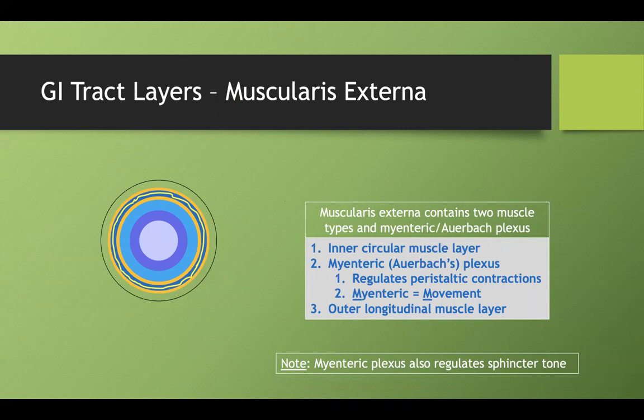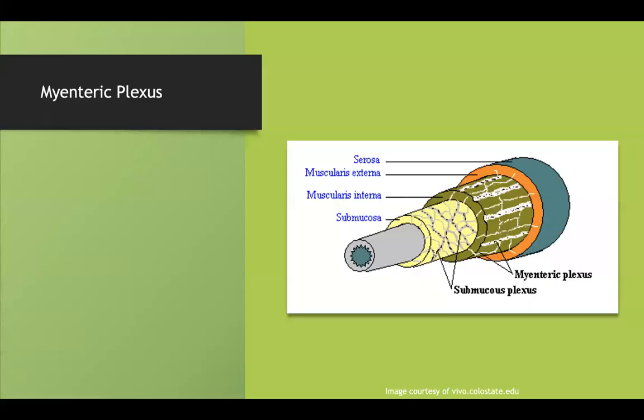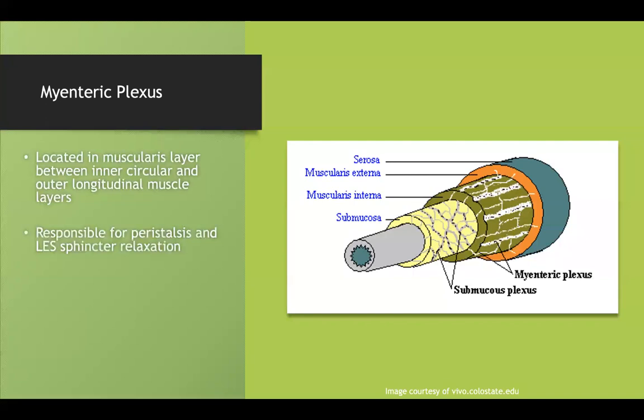As you can see, the myenteric plexus has an important role in regulating sphincter tone in addition to peristaltic contractions. Those are the two things the myenteric plexus does: peristalsis and sphincter tone, okay? If they're injured, you're going to have both a loss of peristalsis and abnormal tone.